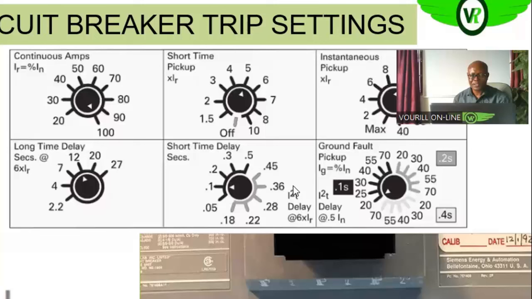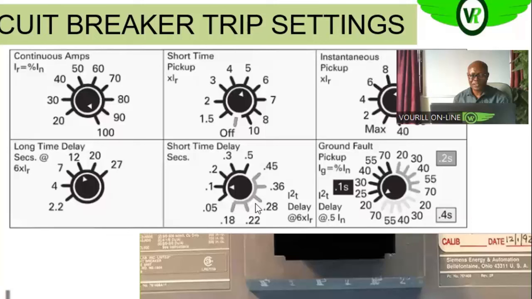The higher the current, the lower the amount of time. And this will happen when you have from 3000, that is 6 times the continuous amp rating of the breaker. If you have about 3000 and above, all of these will set in.